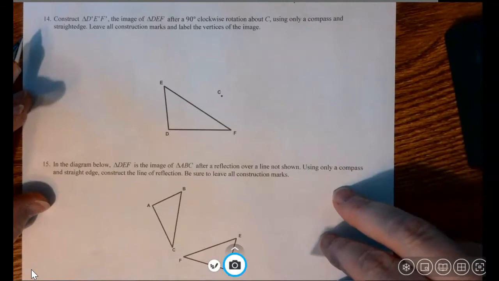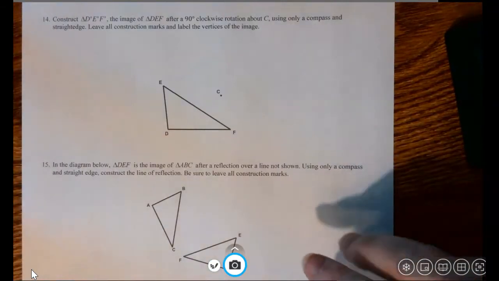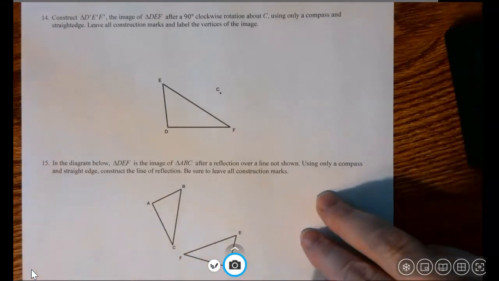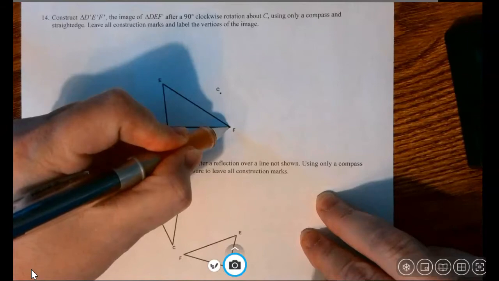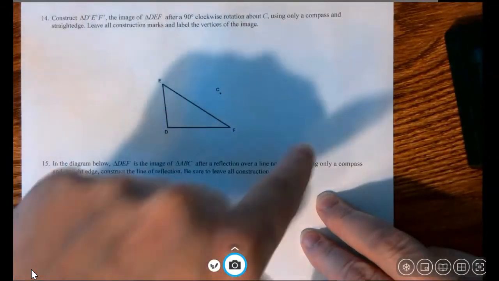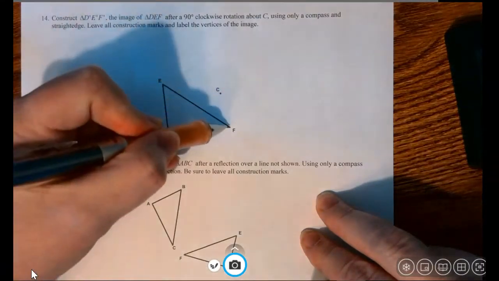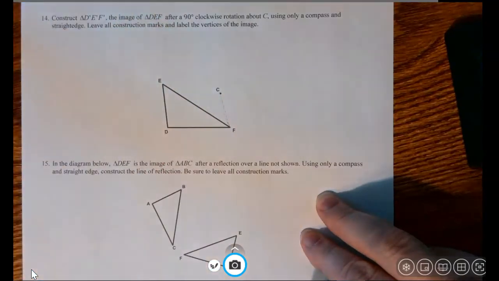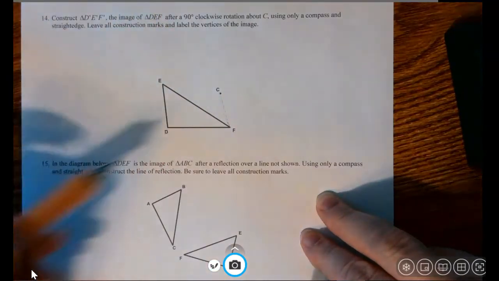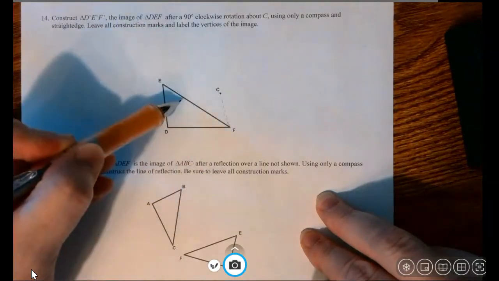So one thing I would recommend is that before you even start doing the construction, think about where the points should be. For example, if I'm going to rotate point F 90 degrees clockwise around point C, remember that's this way. I'm going to connect the point to the center of rotation, and then if I rotate this 90 degrees clockwise, point F is going to rotate this way, 90 degrees.